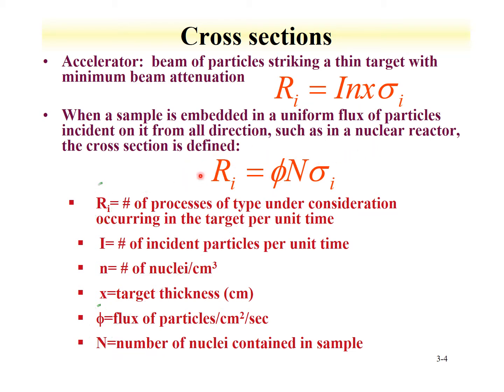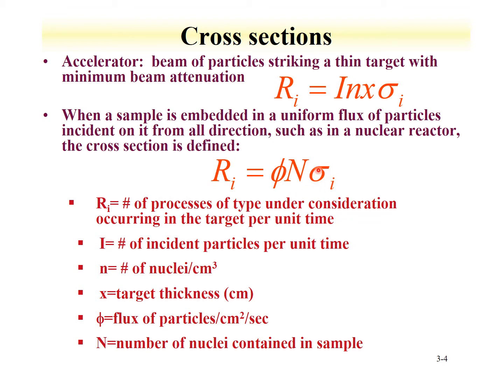We've got the rate of reactions, some sort of process, how many reactions are occurring per unit time, is equal to the cross section times the number of nuclei that are in the sample times the flux. So that's particles per centimeter squared per second. This flux is a property of the reactor. This target is the property of the target that you're putting in. And this is the cross-section that one can find.